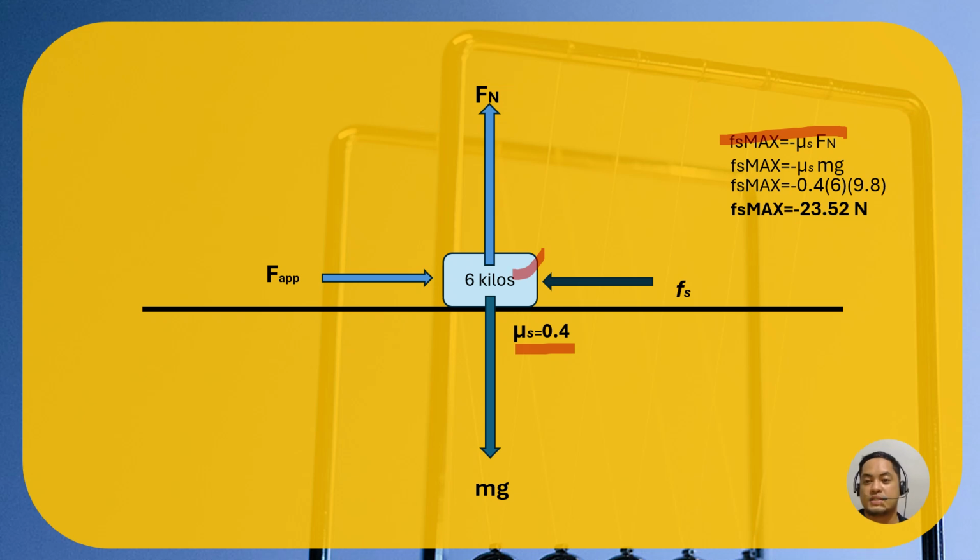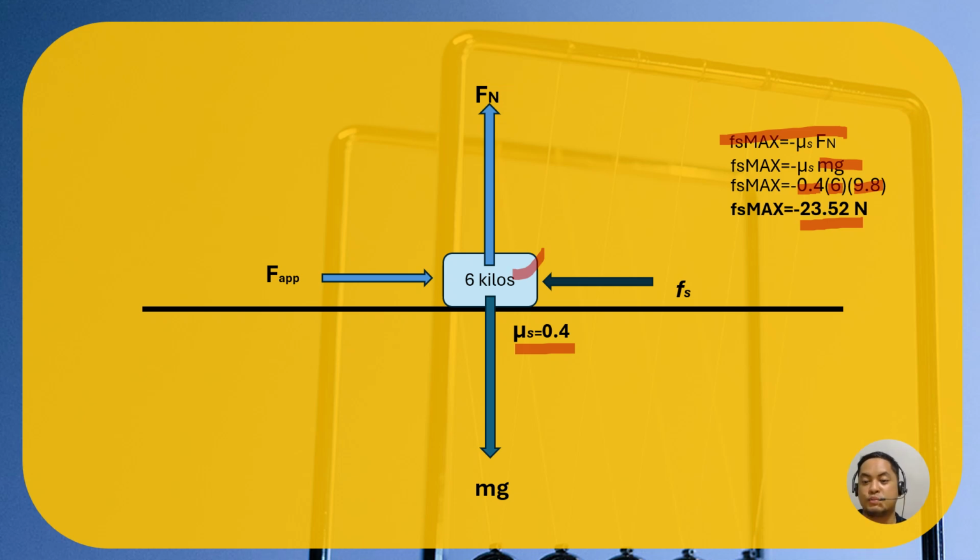Fn can be written as mg. It's the equivalent equation. You just substitute all the given variables. We have 0.4 as our coefficient of static friction, 6 as the mass of the object and 9.8 gravity. And therefore, the static friction maximum is 23.52 Newton.